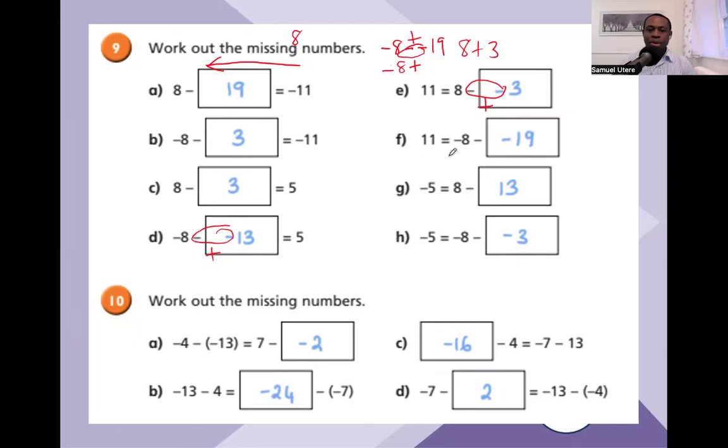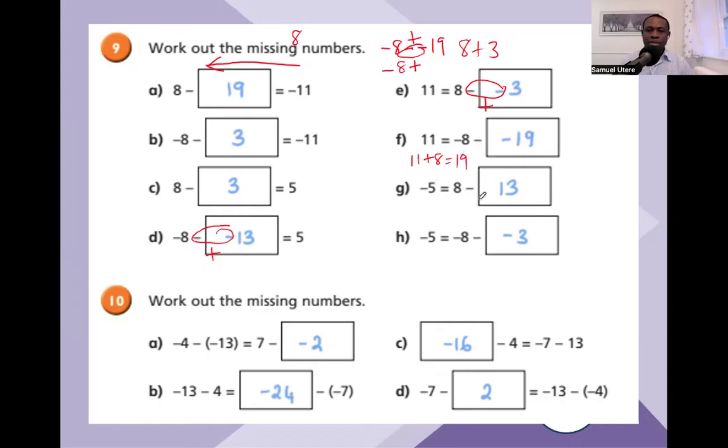So doing your inverse operation, on this side it will be 11 add 8, which is 19. Okay? But we have negative here. So it has to be -19, right?